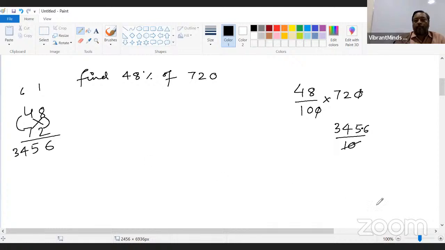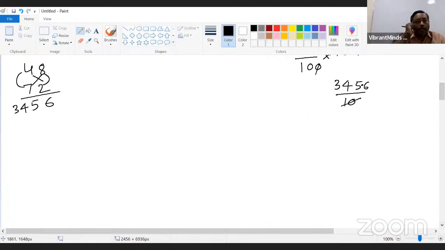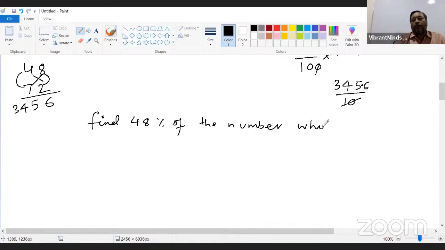Similarly, a little bit of, and it says: find 48% of the number whose 64% is equal to 480.